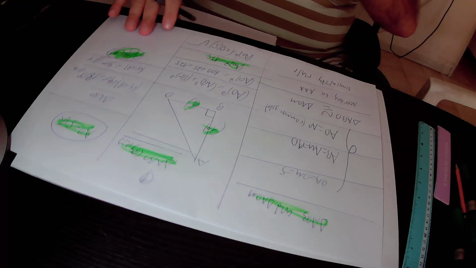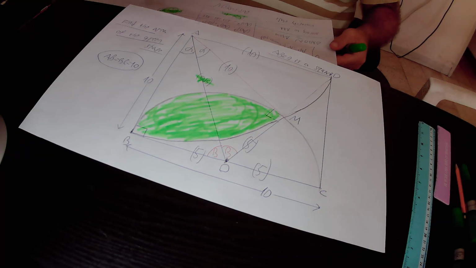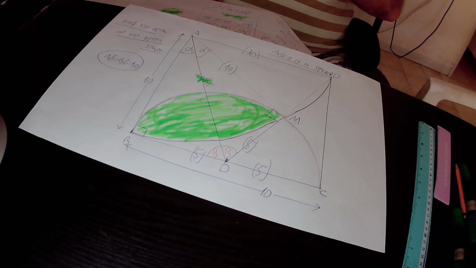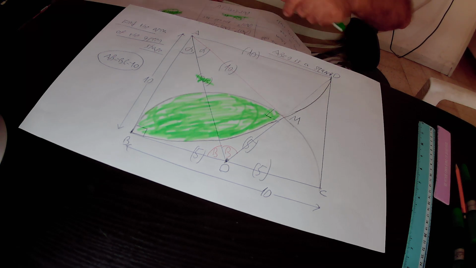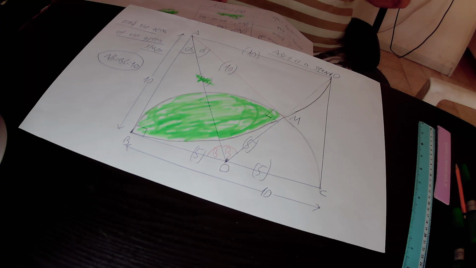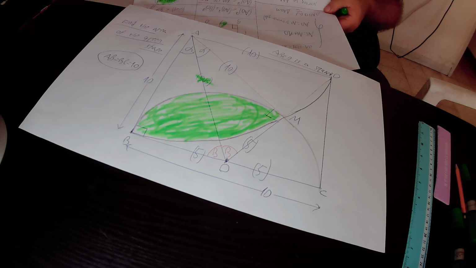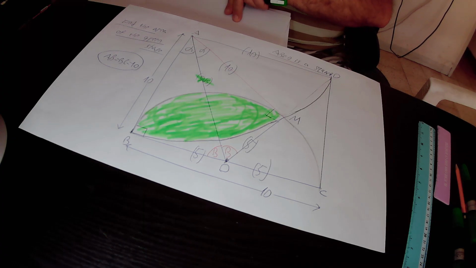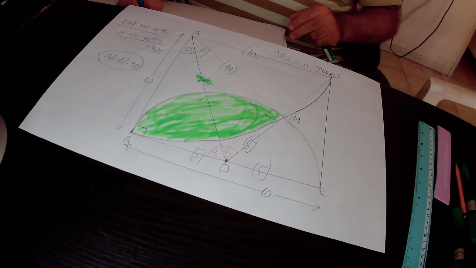Before we continue, we need to find out the size of angle alpha and angle beta. And we will continue to focus on the right triangle ABO. So we copy again the right triangle ABO onto a new page.